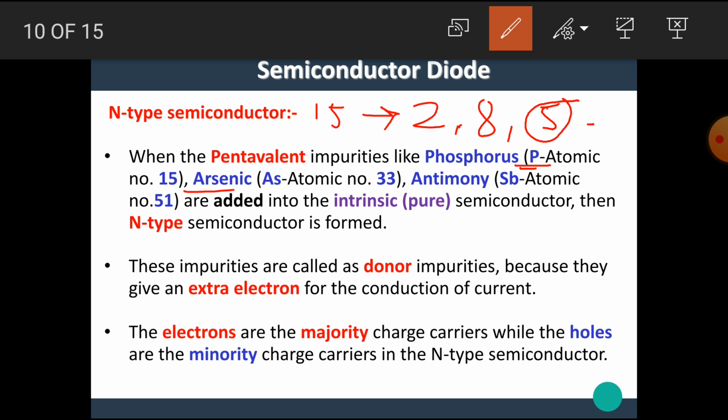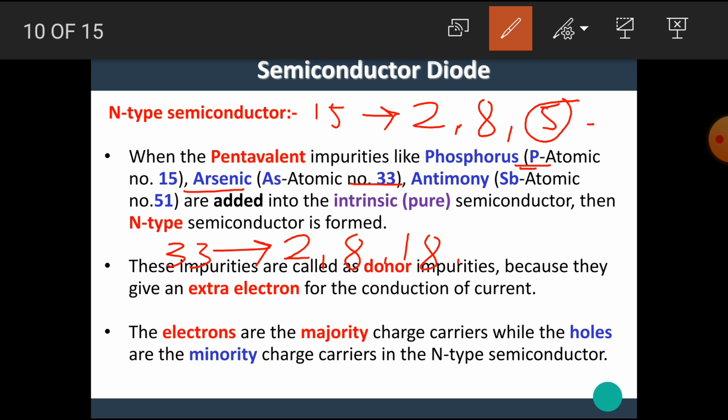Similarly, we can also write for arsenic, the atomic number of arsenic is 33. We can divide this into electronic configuration as in first orbit there are 2 electrons, in second orbit there are 8 electrons, and in third orbit there are 18 electrons.